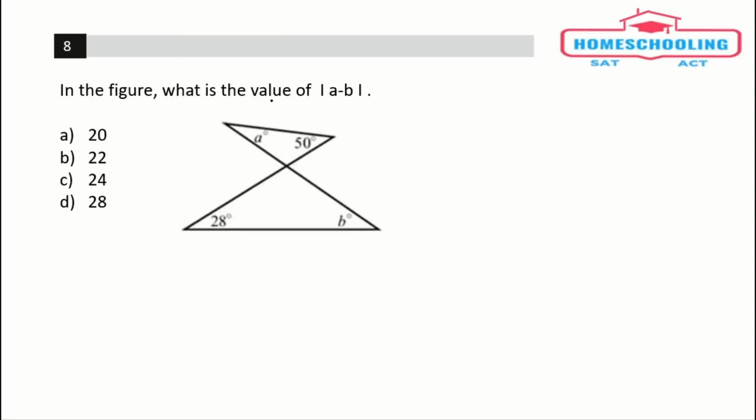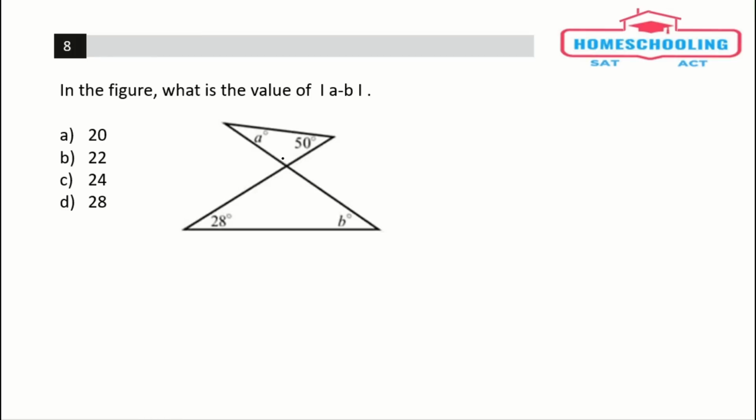In the figure, what is the value of a and b? Mod a minus b. Whatever the value would be, it would always be positive because mod is given. As we can see, there are two triangles here, this is one triangle and this is the second triangle, and there are four angles given.